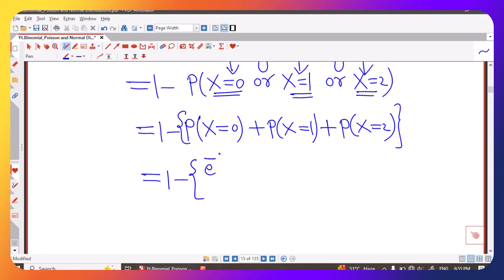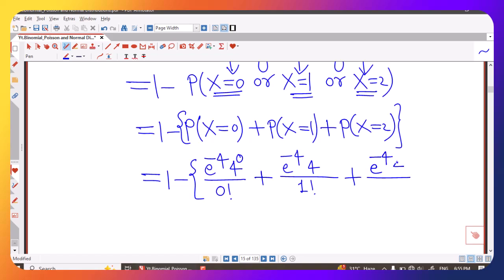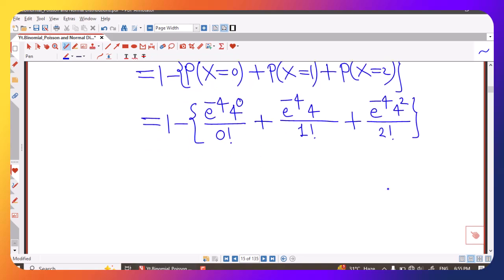We have e raised to minus 4 times 4 raised to x, here x is 0, divided by x factorial, that is 0 factorial. Similarly we put x equal to 1, 4 raised to 1, that is 4, divided by 1 factorial. Similarly for x equal to 2 we have e raised to minus 4 times 4 raised to x divided by x factorial, where we have taken x equal to 2.